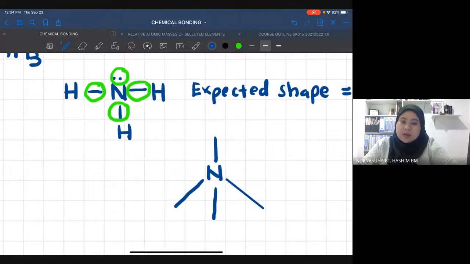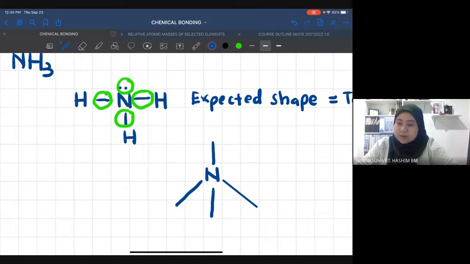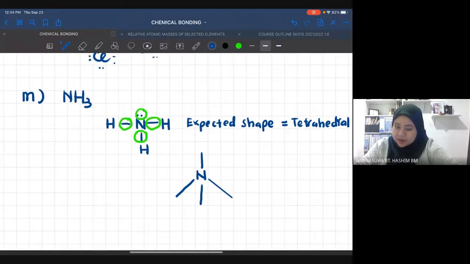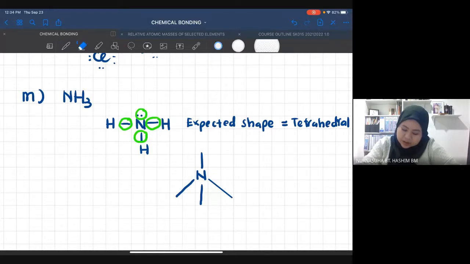However, on the nitrogen, one of the electron pairs is a lone pair. So you choose among the many bonds. This is 3 hydrogens. This is the lone pair, right?